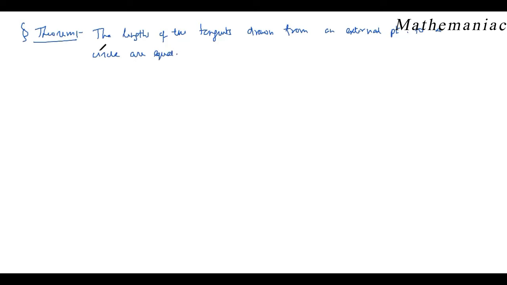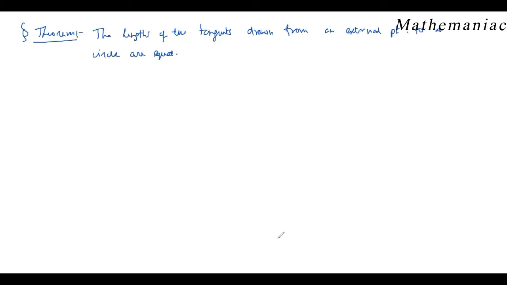This is a very fundamental theorem, but very important. That means, as you already know, from an external point you can draw two tangents. Both tangents will have the same length. This is what we have to prove.